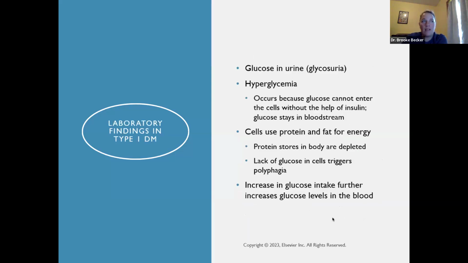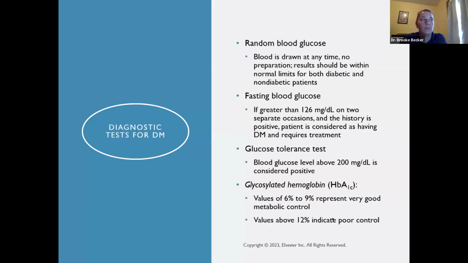Lab findings. So obviously you're going to have glucose in your urine, or glucosuria. You're going to have high glucose in the blood. And then your protein stores in your body are going to be depleted. Okay. An increase in glucose intake worsens increased glucose levels in the blood.